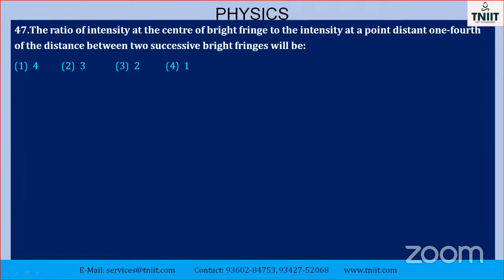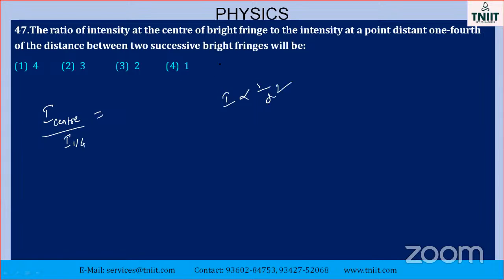What is the ratio of the intensity at the center of the bright fringe to the intensity at 1/4 of the distance from the consecutive bright fringes? When you move 1/4, you know that intensity is inversely proportional to the square of the distance.